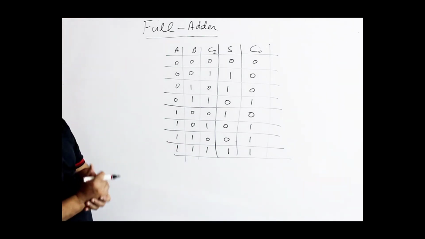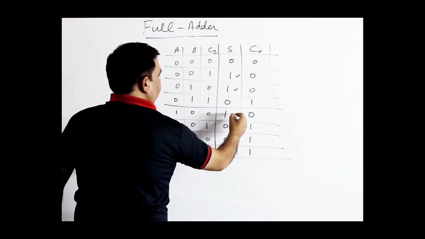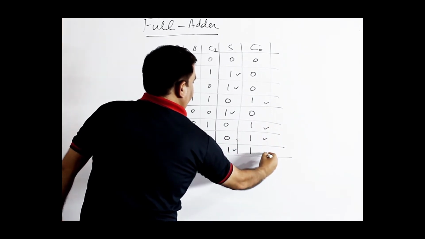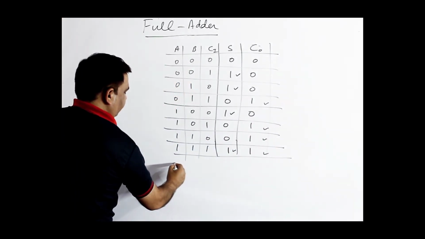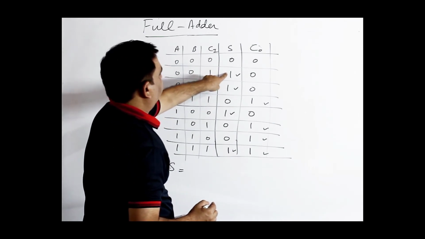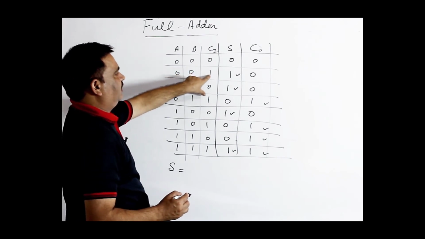Now, derive the expressions through minterms. There are 4 ones in the output columns. First of all, for S, for sum. For sum, you can see for the first one, inputs A, B, C are 0 0 1.